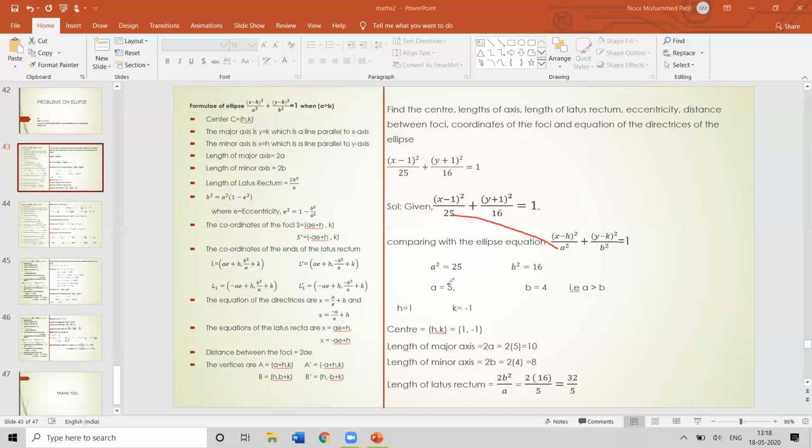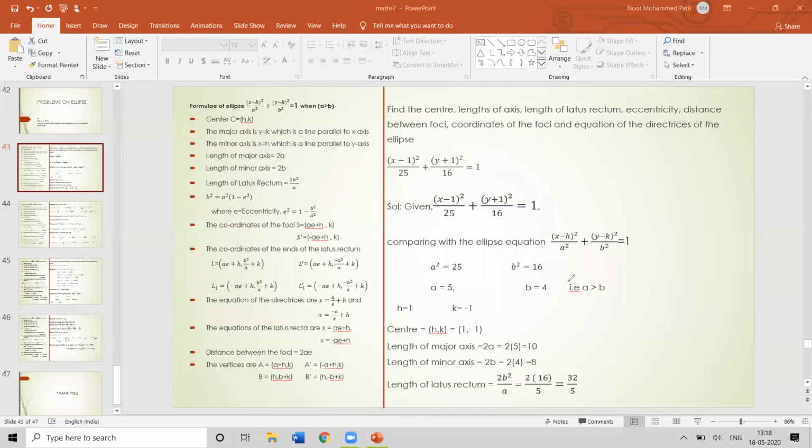So a value is 5. Similarly, b square value is equal to 16, so b is the square root of 16, which is 4. That is, b value is 4.